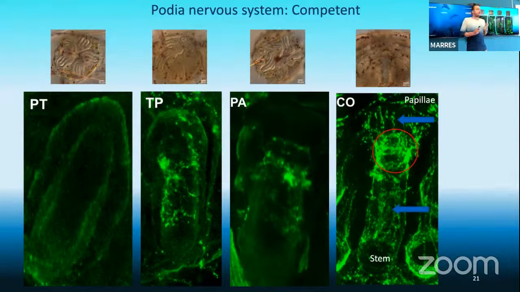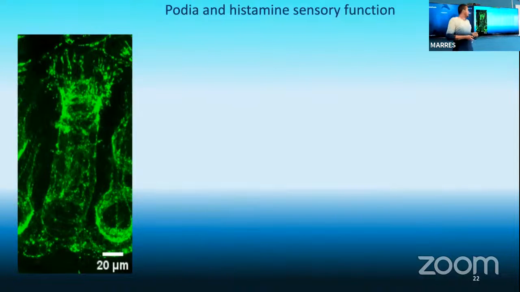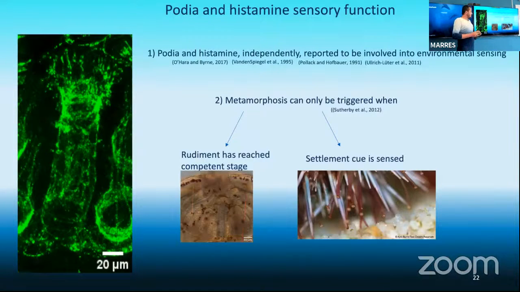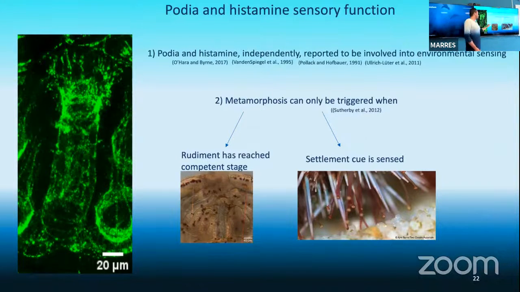What's really interesting about those results is that when we look at the literature, we're able to identify that the podia and histamine have been independently reported to be involved in environmental sensing. Environmental sensing is really key for the metamorphosis, because the metamorphosis can only be triggered when, one, the rudiment has reached the competent stage.